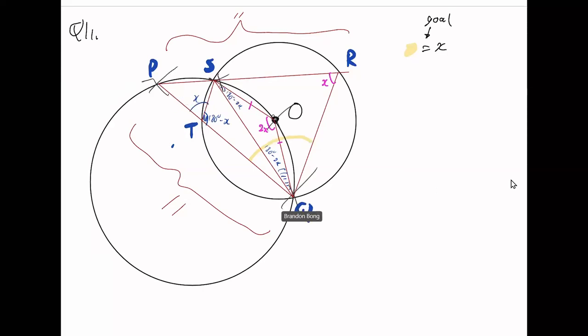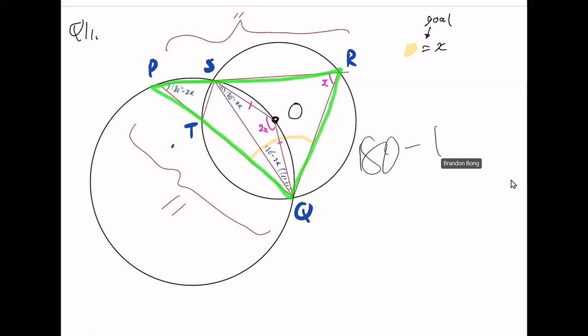Here. All circumferences, right? Can we just erase the irrelevant information? This is 180 minus 2x. Yes, correct. Okay, good. And then what shape is this? 180 minus 2x minus x equals x.